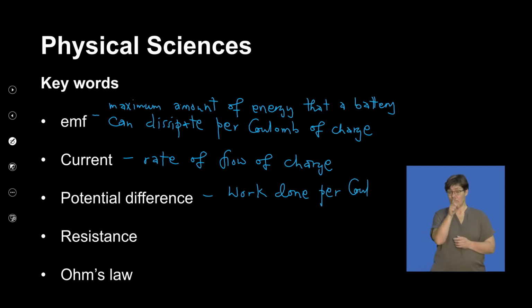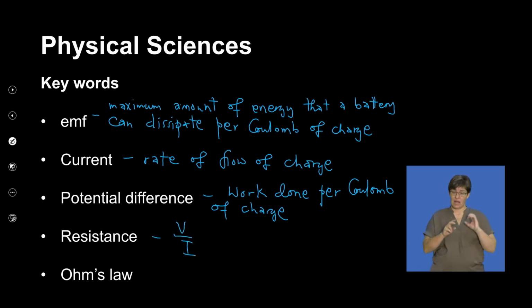And remember, when work is done, energy is transformed from one form to the other, because we know that energy cannot be created or destroyed, but it can be converted from one form to the other. So this is work done per coulomb of charge. That's voltage. While resistance is the ratio of voltage to current, just to sum it up. And then we'll talk about Ohm's Law, because we want to discover what Ohm's Law is all about.